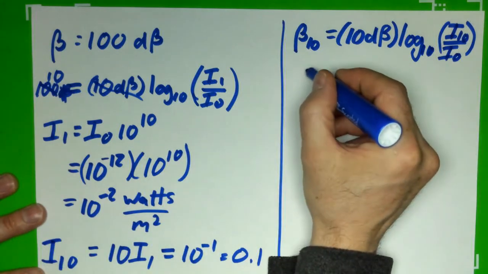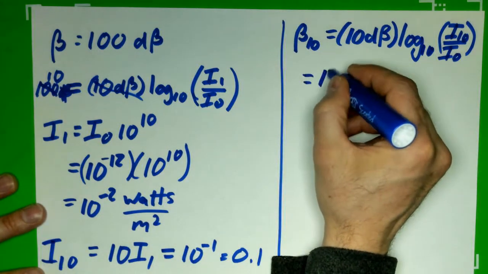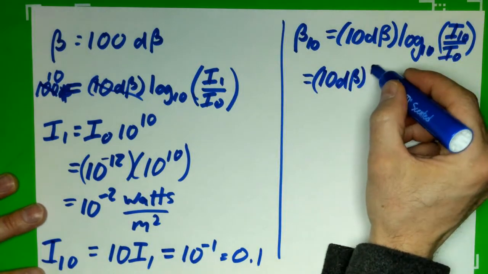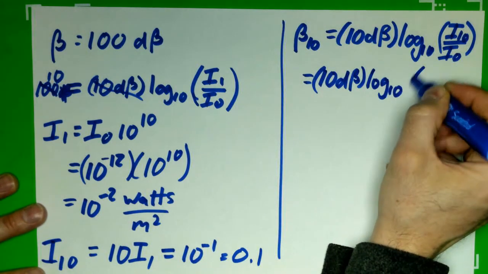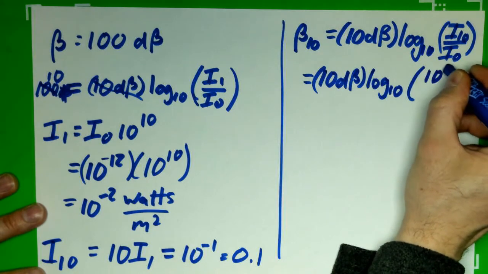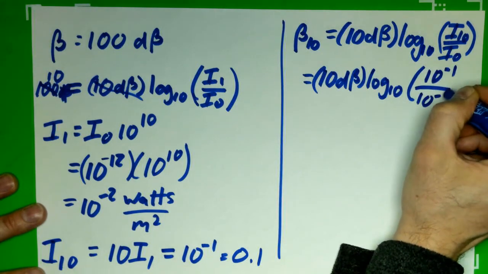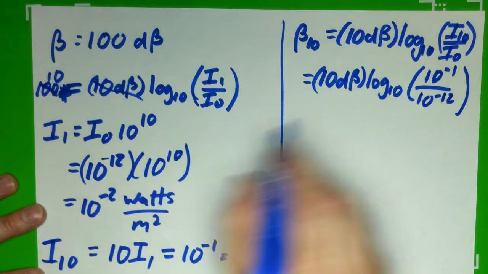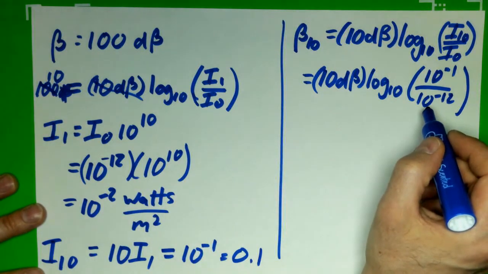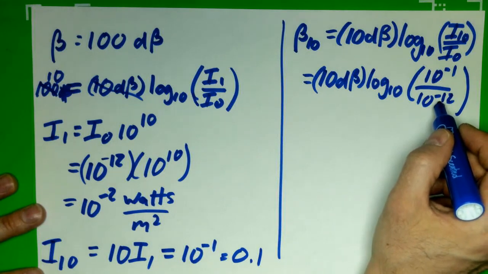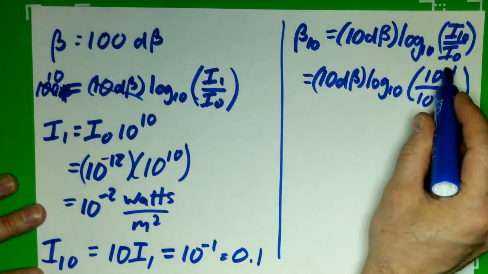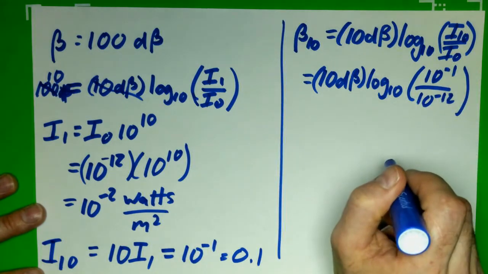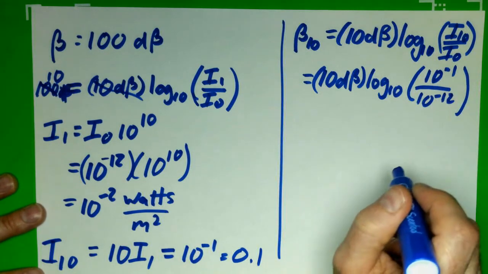So that is equal to 10 decibels times log base 10 of 10 to the negative 1 over 10 to the negative 12, which gives me 1 over 10 to the negative 11, because when you divide, you subtract the exponents.